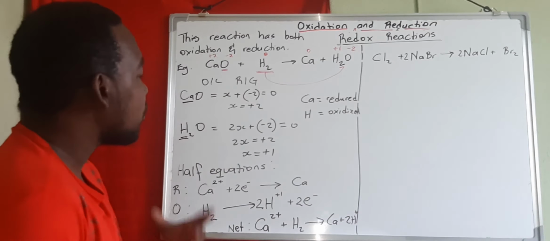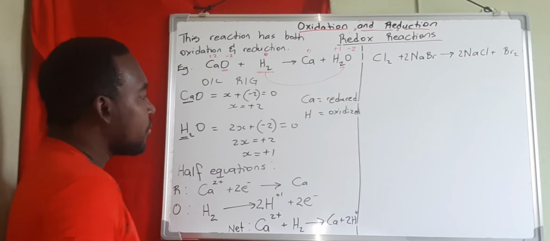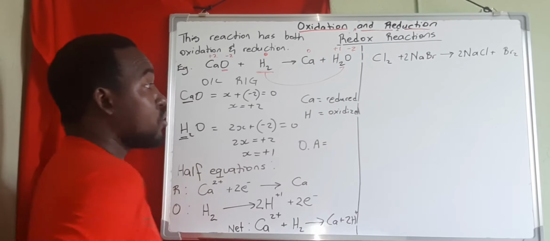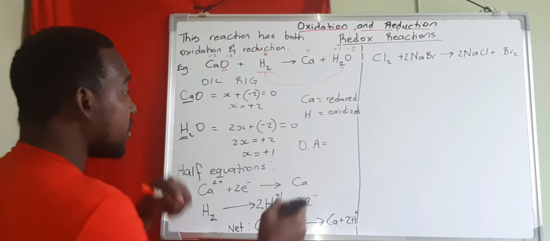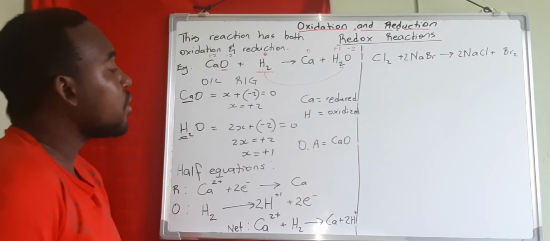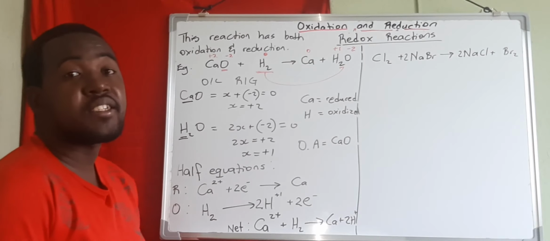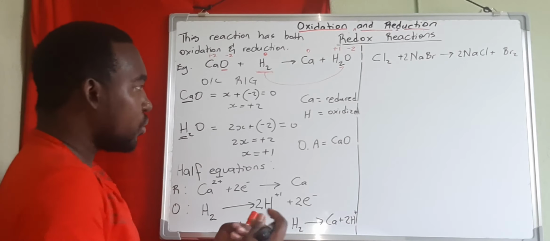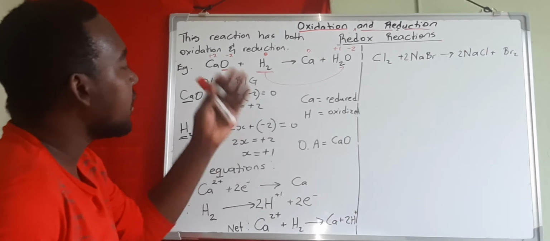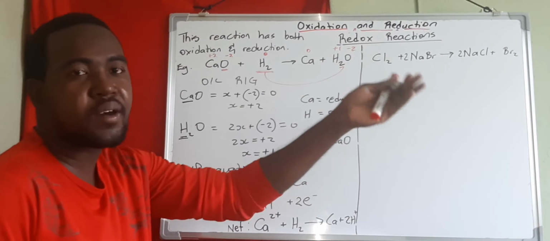So in this case, your oxidizing agent, let's call it OA, was the one that was reduced, so that would be the CaO. So your calcium oxide is your oxidizing agent, because it will be the compound that causes the next compound to be oxidized.